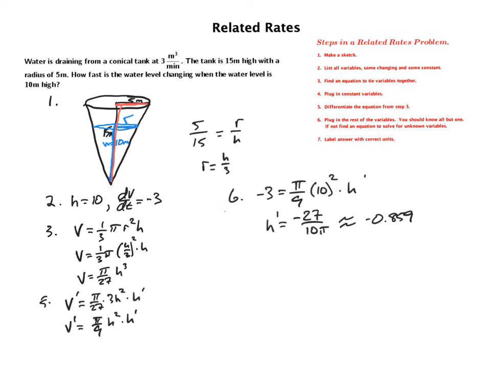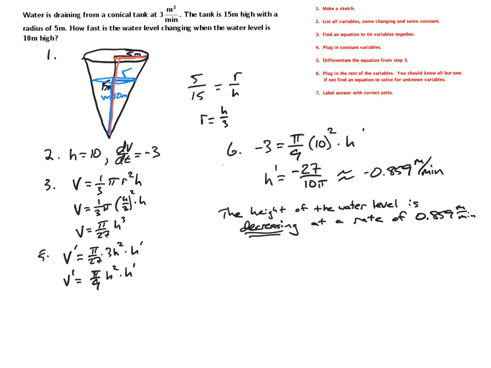So h prime turns out to be -0.859, and what are the units going to be on that? Well, this is h prime, or the change in height with respect to time. Height is measured in meters, and our unit of time is going to be minutes.